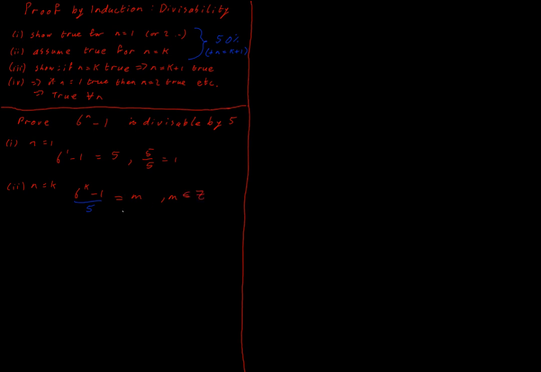So this is divisibility, or showing that 5 is a factor of another number, which means that if we divide this by 5, we get a whole number out. That's what we want to prove when we are looking for a divisibility type proof.